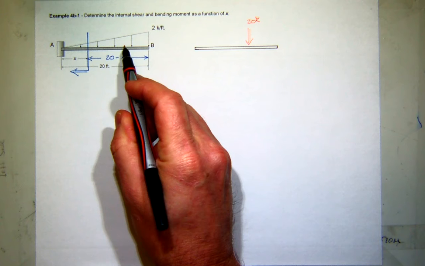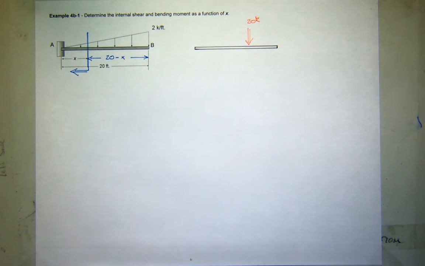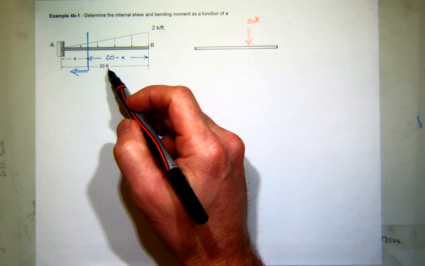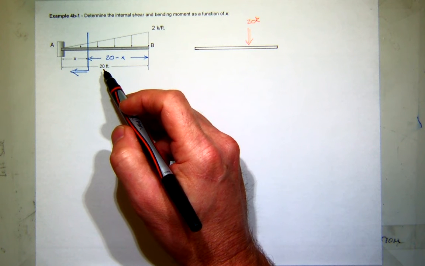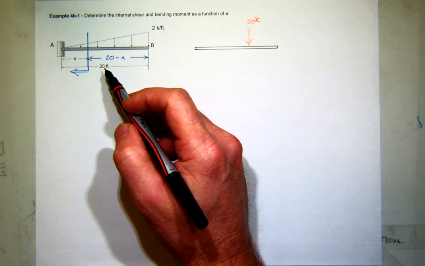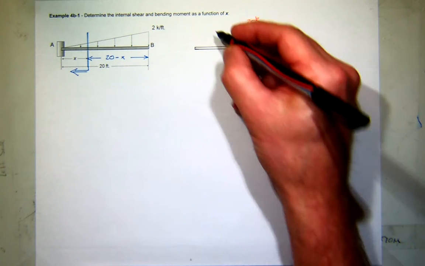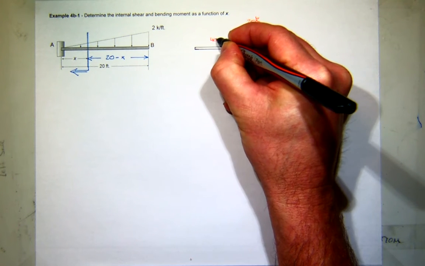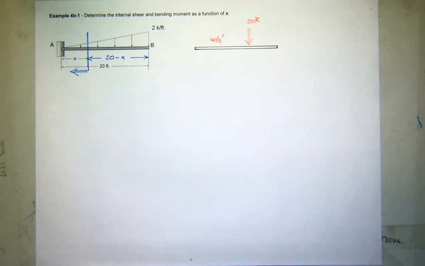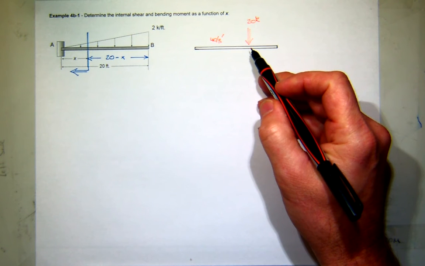From A to the centroid is going to be 2/3 of the distance, and 2/3 of 20 is going to be kind of a funny number. So I'm just going to take 20 and multiply it by 2/3, which will be 40/3. That way I don't have to deal with the fraction right now. You see that? 40/3 from A to the centroid, 2/3 of 20.